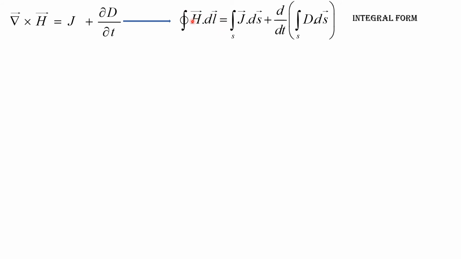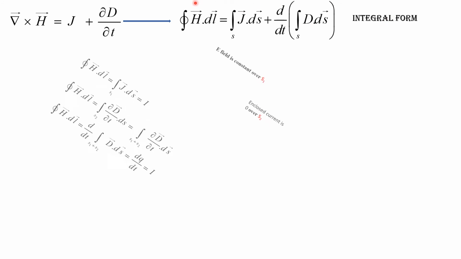You can remember that ∮H·dl is equal to ∫J·ds is equal to I. This is only Ampere's law. The right-hand side is the contribution from Maxwell, d/dt of ∫D·ds, the time rate of change of the surface integral of the electric displacement D, and this is the integral form of Maxwell's fourth law.